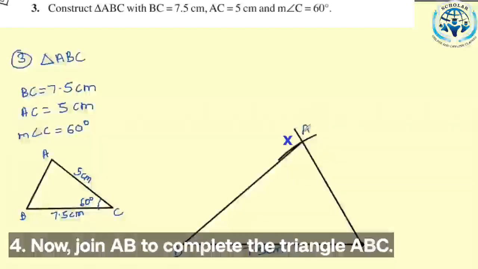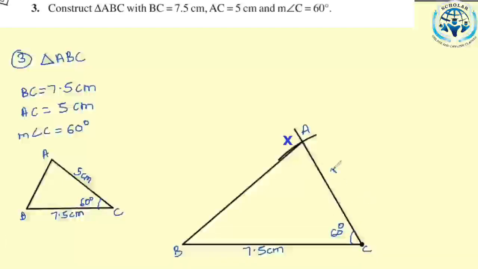Now this is the required triangle ABC where the angle C is equal to 60 degree, BC is 7.5 centimeter and AC is equal to 5 centimeter. Easy.